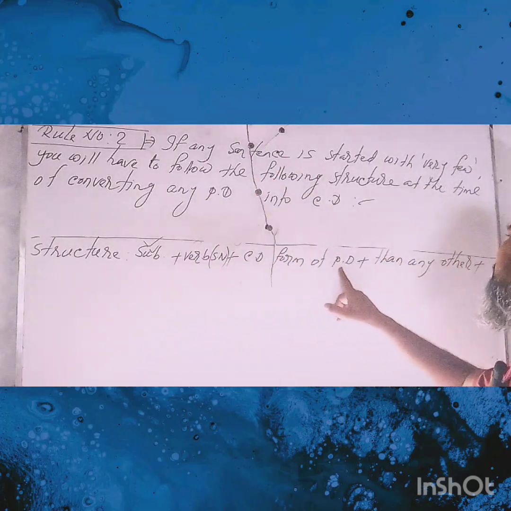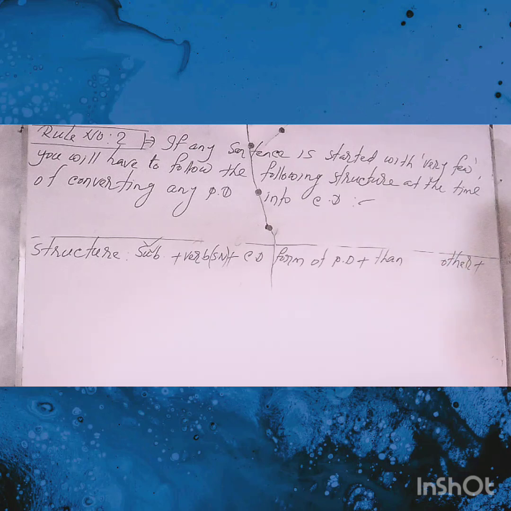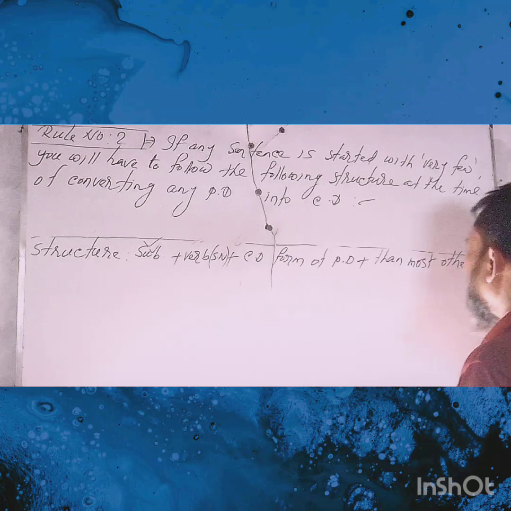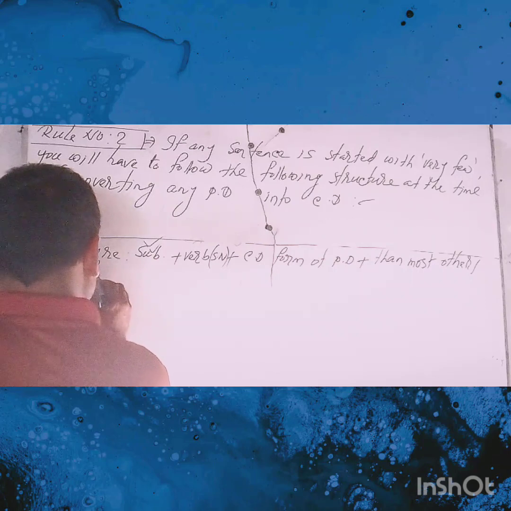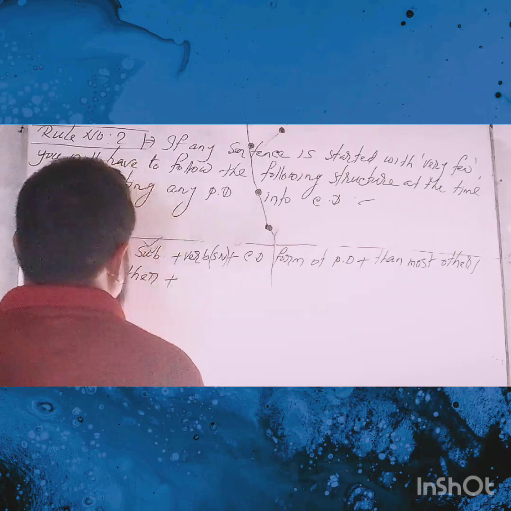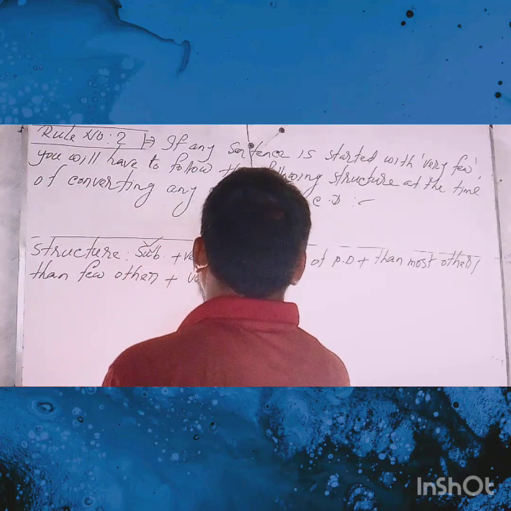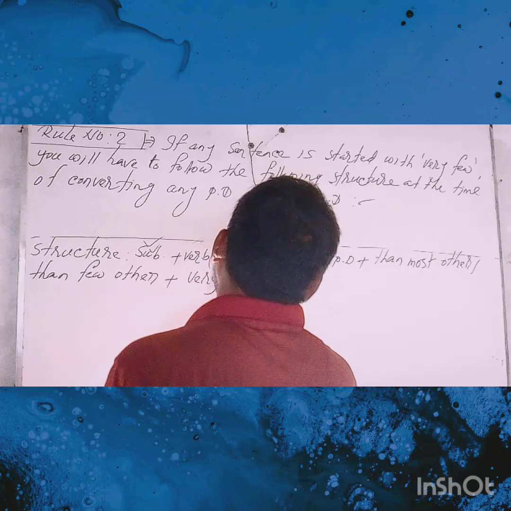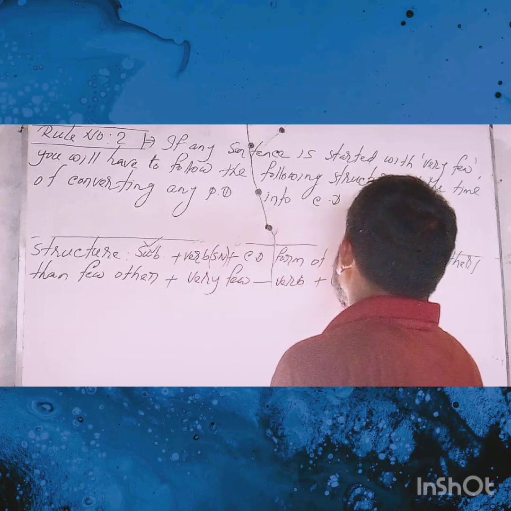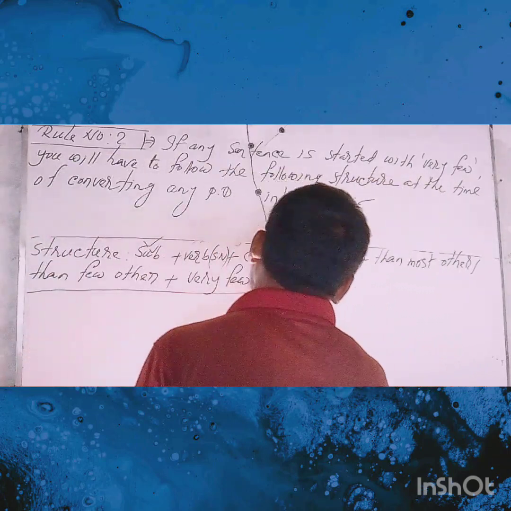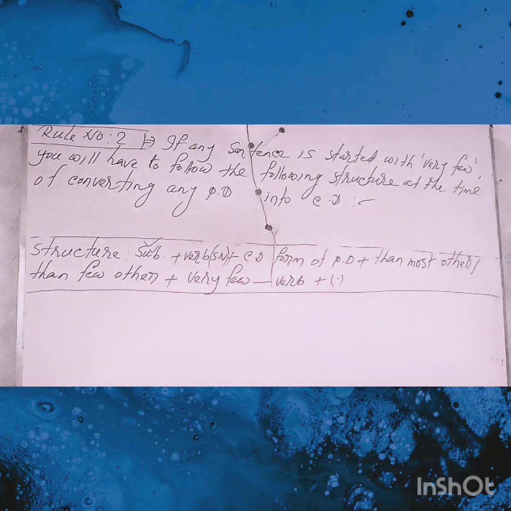Then the CD form of the PD form, and then "than most other" or "than few other", then the extra portion from "very few" to the verb, and finally end with the full stop. Media learners, take a look at the board and try to memorize and save this structure in your memory.